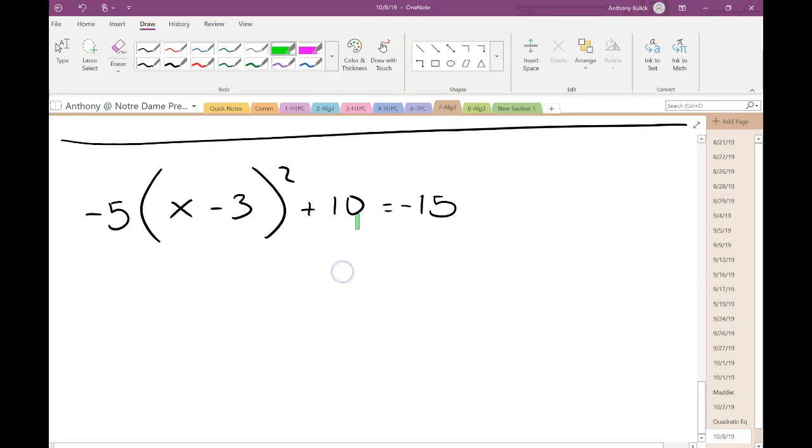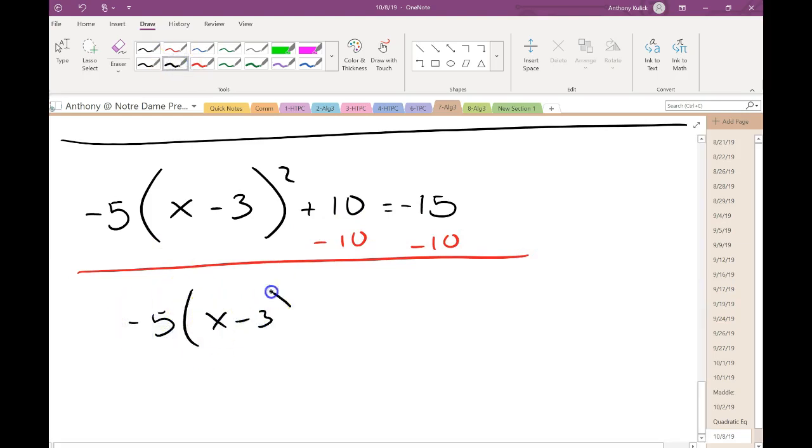So we can solve this directly, and as Jack has suggested, we can start by subtracting 10 from both sides. Then what should we do? Divide by negative 5.